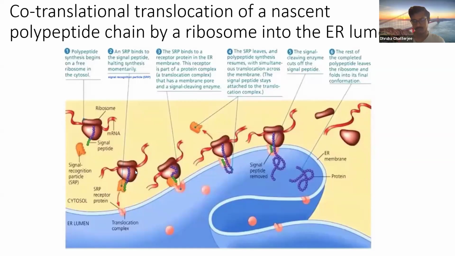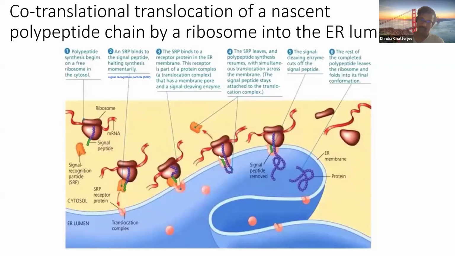ribosomal complex, which has this nascent polypeptide chain that has just come out, and then this entire assembly will sit on the SRP receptor protein of the endoplasmic reticulum membrane, which is a transmembrane channel protein, which will now allow the ribosome. When the SRP is bound, the translation is halted temporarily.